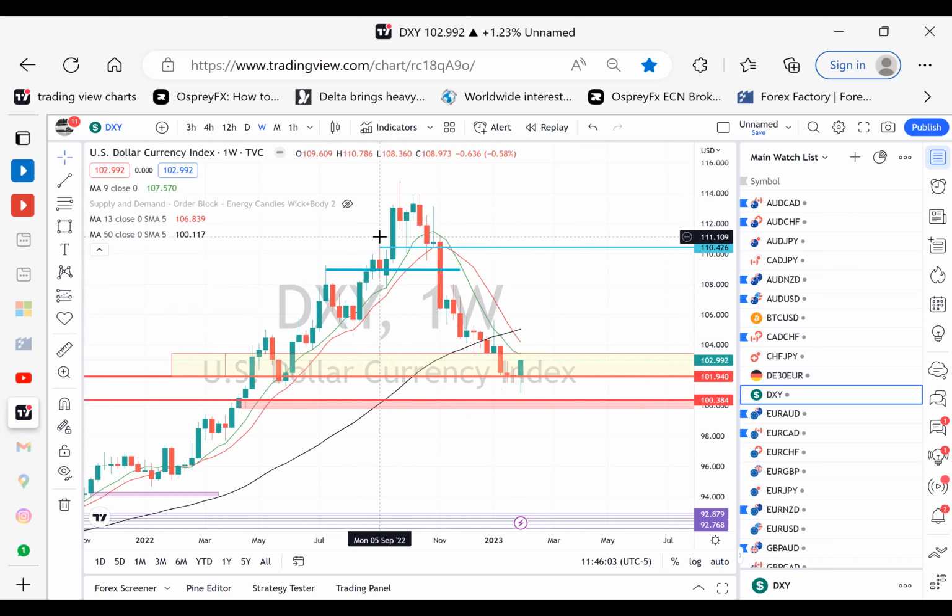If you look at going up this chart, in August, in the summer of last year, the dollar reached its peak. Now, as we taper off the rates and the sizes of the interest rates, you see price falling down.